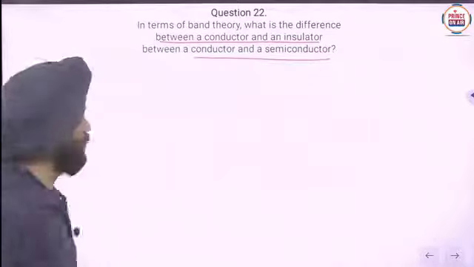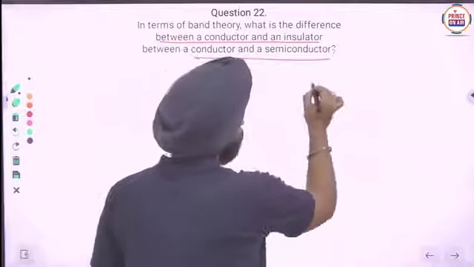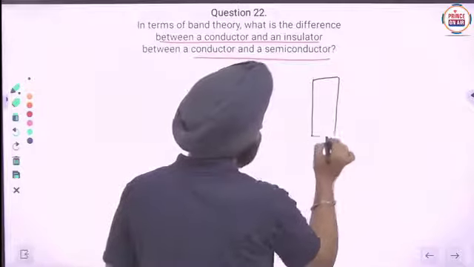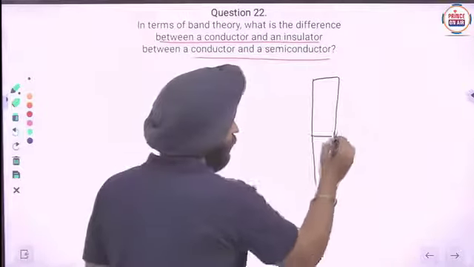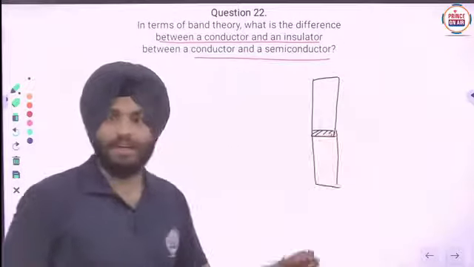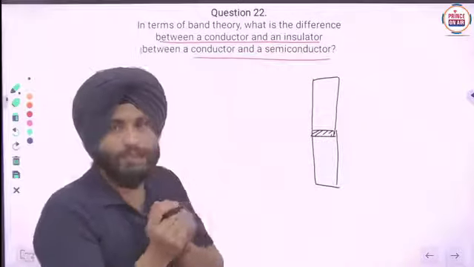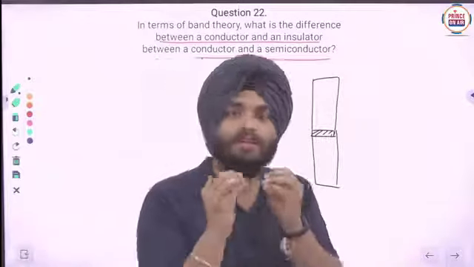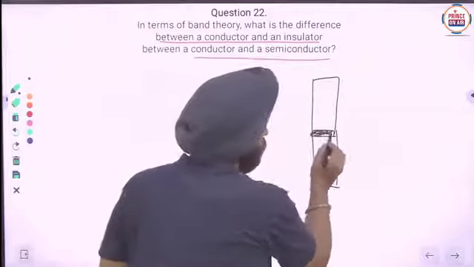Firstly, let me explain all three on the basis of band theory. In a conductor, the conduction band and valence band collapse into each other, or you can say they merge a little bit. That is the merging area.